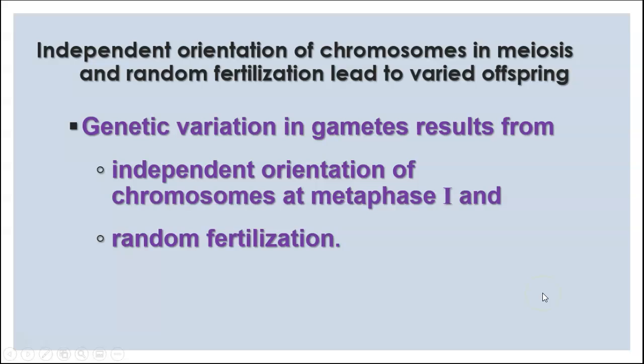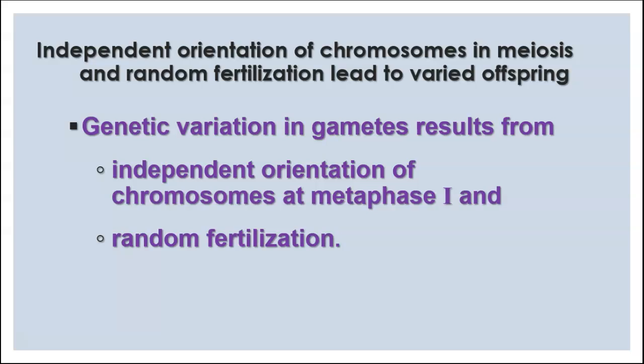Now, there are a lot of things that lead to the variation in genetics that occurs in members of a species. One way that occurs is because of the variation in gametes from the independent orientation of chromosomes. In other words, they don't line up in order 1, 2, 3, 4, 5, 6, 7, 8, 9, 10.